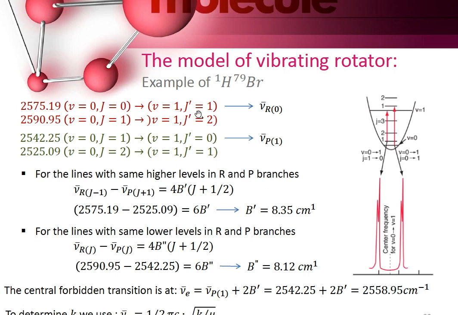So delta J, final minus initial, is plus 1, so that's in the R branch. Same thing for another spectral line, at 2590, which is the transition from V equals 0, J equals 1 to V prime equals 1, J prime equals 2. Okay? Great. Now what?